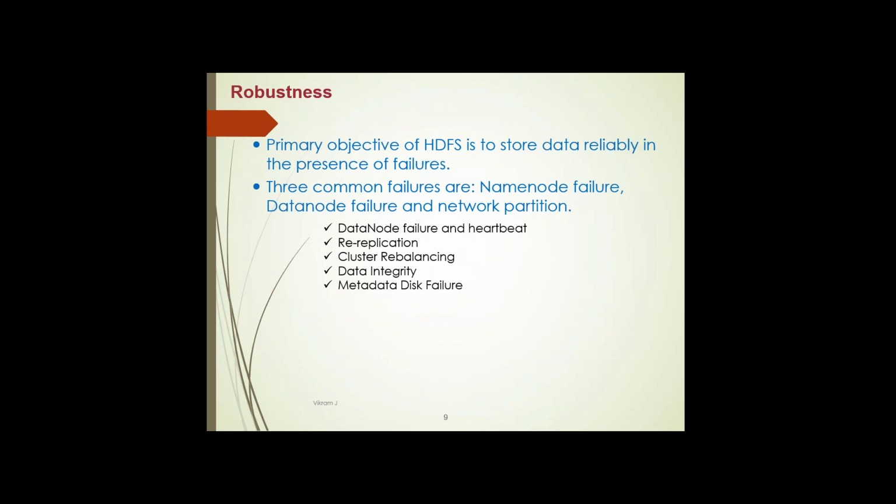So, robustness. The primary objective of HDFS is to store data reliably in the presence of failures. All this intelligence, this replication of data, always tries to maintain 3 replicas, and the blocks are automatically divided based upon the configured block size.